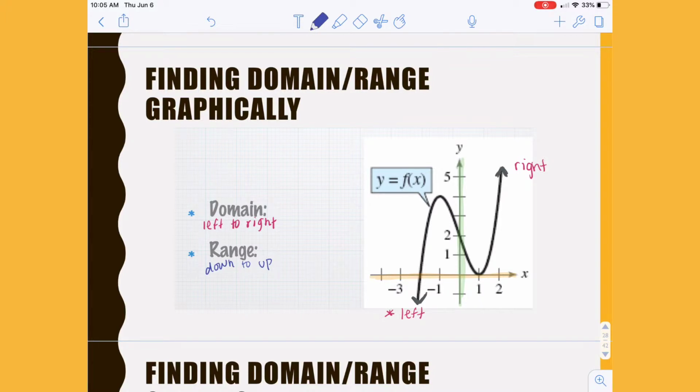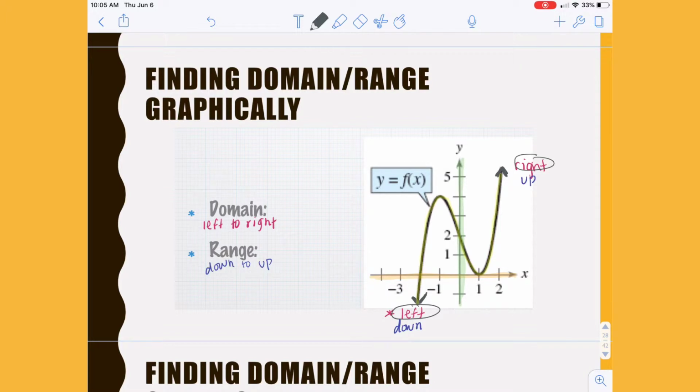Now, when I look at the arrow going down or up, I can say, okay, this one's going down, and this one's going up. And there are no holes. The graph is perfectly continuous in the middle, so there's no issues. That means every input between these values will have an output, so we're doing good. So now I can identify what my domain is. I'm going to look at my pink descriptions, which are left and right.